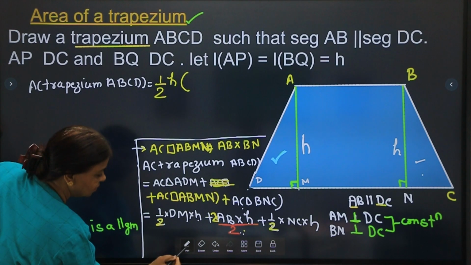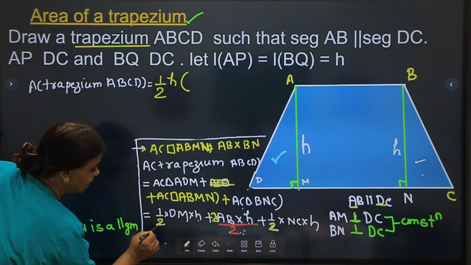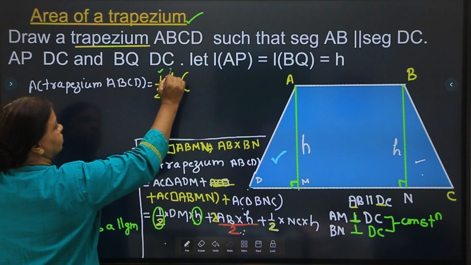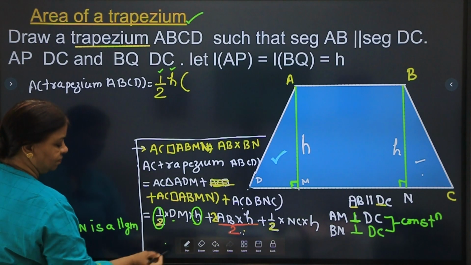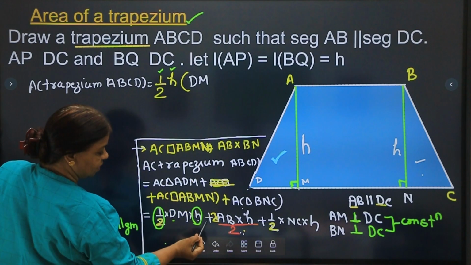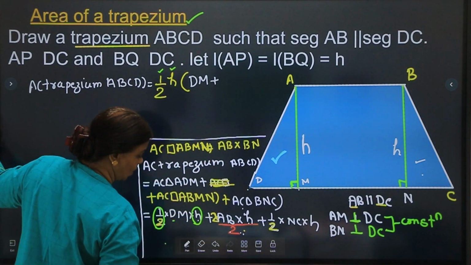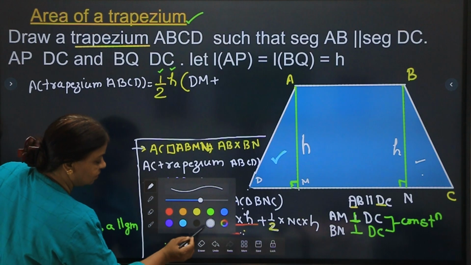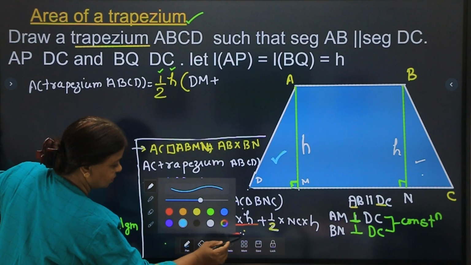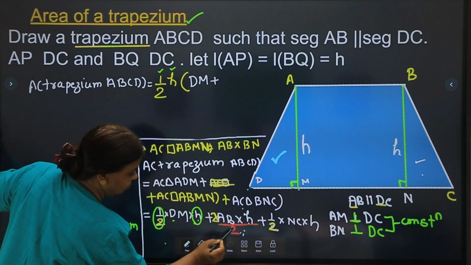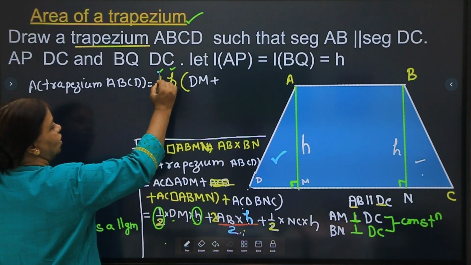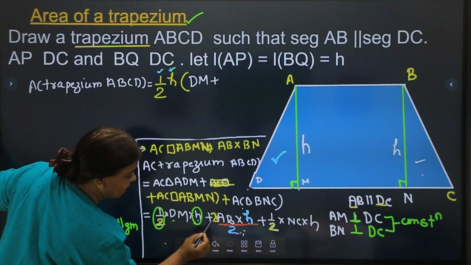From here I have taken half as well as H out, so what is left? DM. Plus, now from here I have taken this half and this H out. So what is left? 2 times AB.